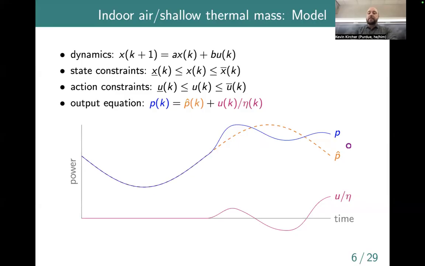But so here I'm showing the electric power that's used, say, maybe this is a hot day, maybe used for air conditioning. And so the dashed orange line here is the baseline power consumption. So this is if you just let the building do what it would normally do without any interference.